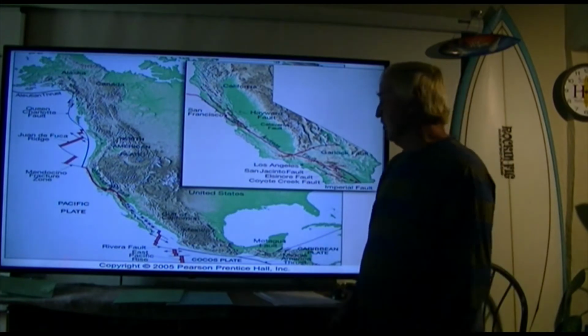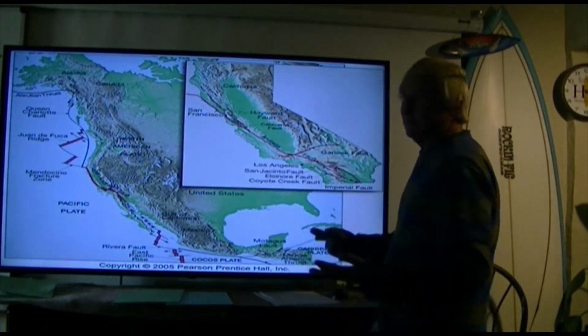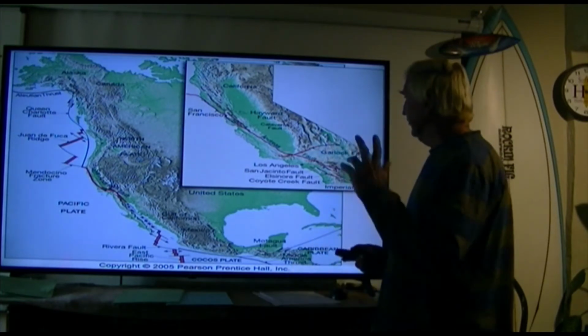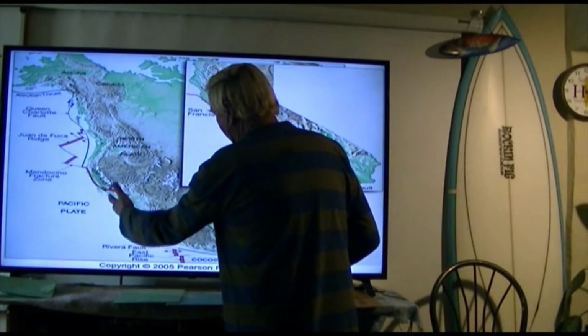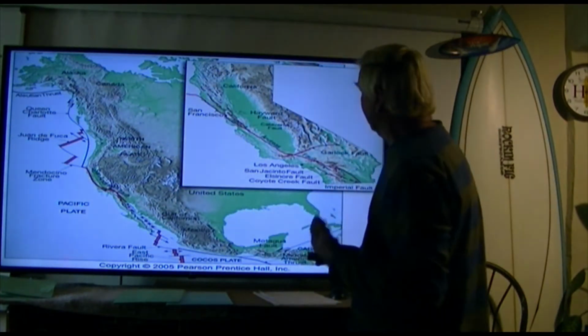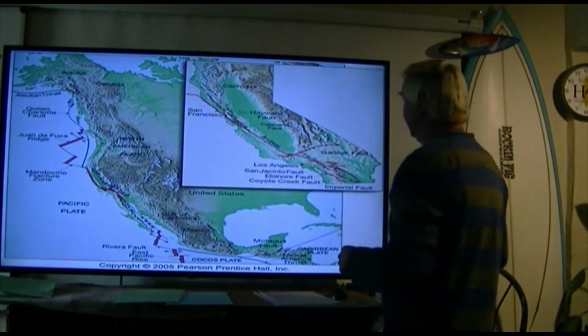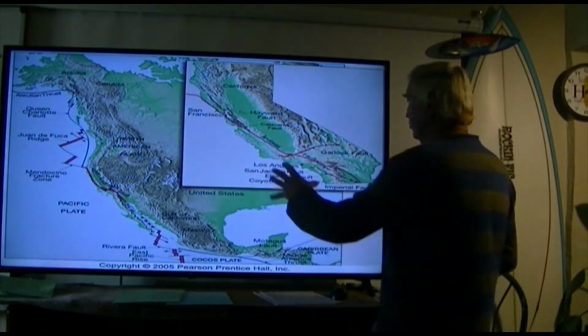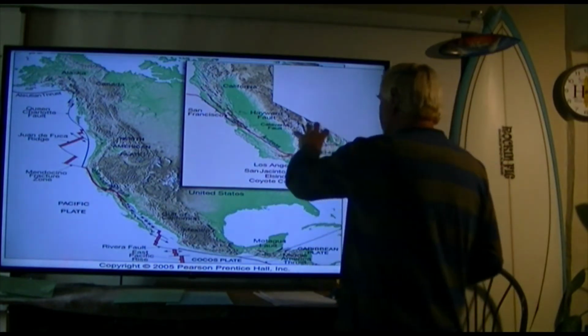So here we have our current landscape where we have our San Andreas Fault, which is really a system of faults, not just one linear line. It's taken the Baja Peninsula and ripped it away from Mexico. Everything on the west side of that line is moving to the north. Everything on the east side of the line is moving to the west.